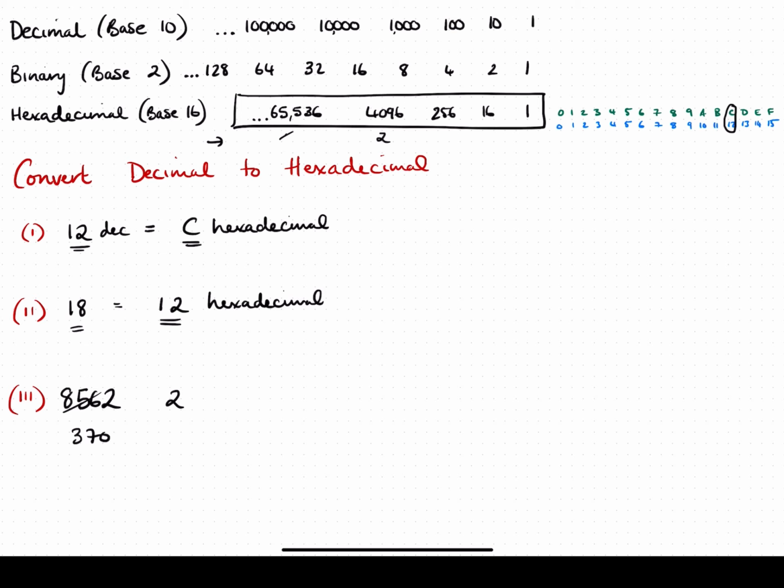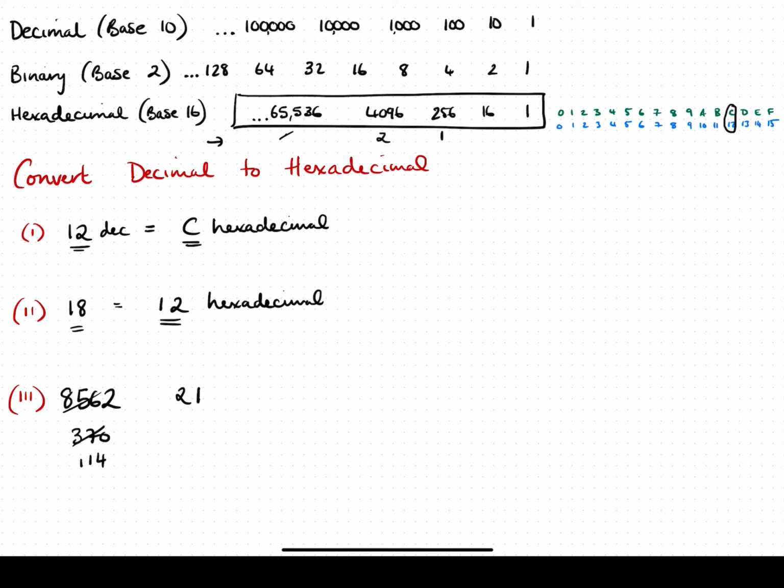And we move on to our next number. How many 256s are in 370? Well, the answer to that is 1. Taking the 256 away from 370, we end up with a remainder of 114. 114 is now our new target, and we move on to the next number in the hexadecimal list, which is 16.